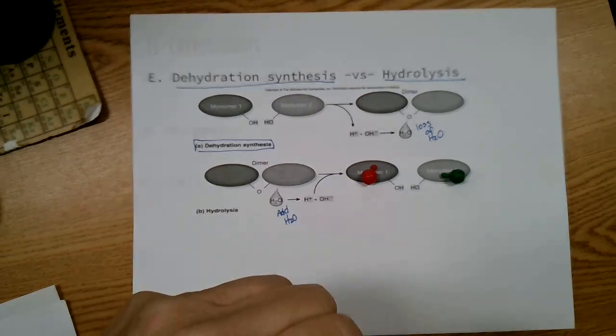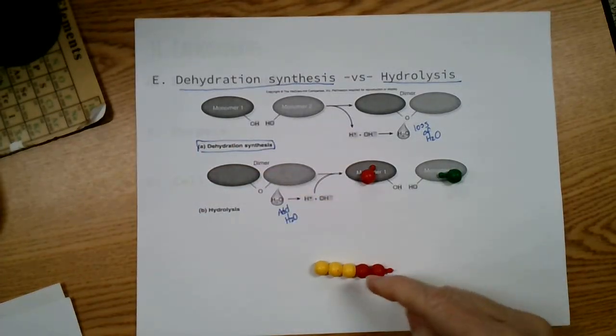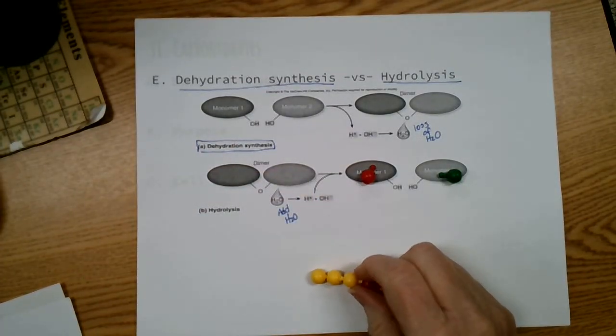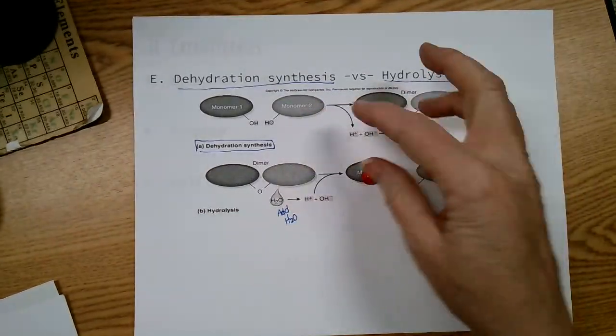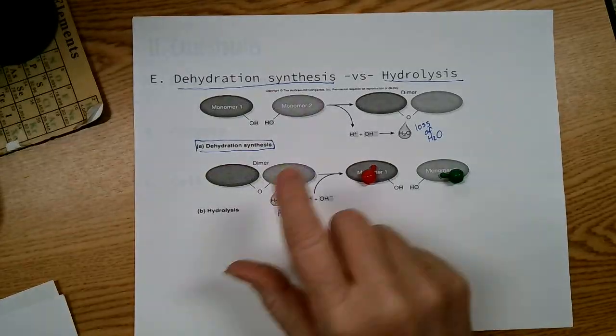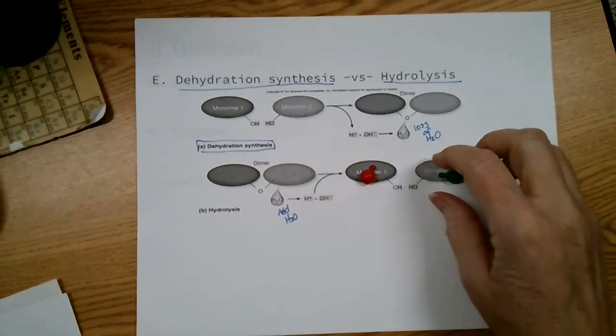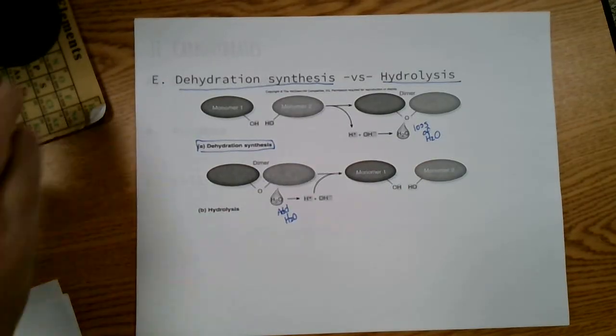Say I had another polymer that had only 5 monomers to it. There were 4 water molecules removed. It seems to be 1 less than the number of monomers. And it is. So dehydration synthesis removes water to connect them. Hydrolysis adds water to split them apart. Remember those 2 things.